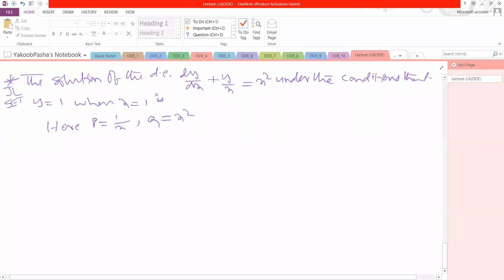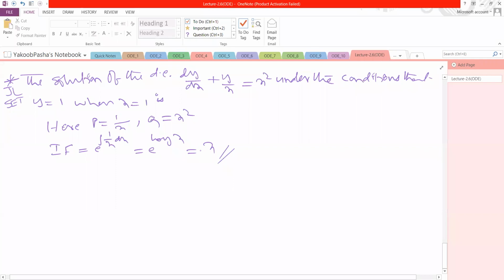So the integrating factor formula: IF is equal to e to the power of integral p dx, that is 1 by x dx, which is equal to e to the power of log x. E to the power of log x is x. So the integrating factor is x.